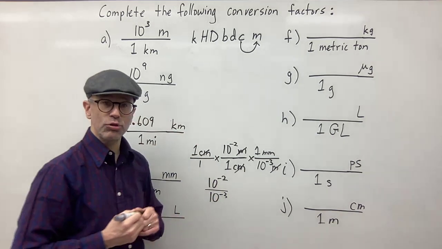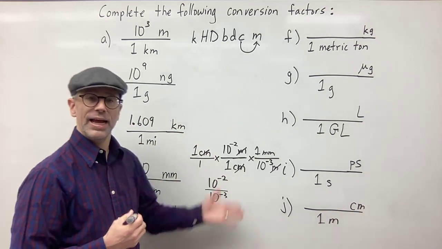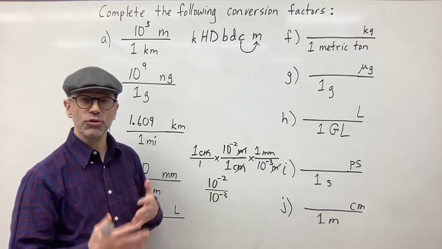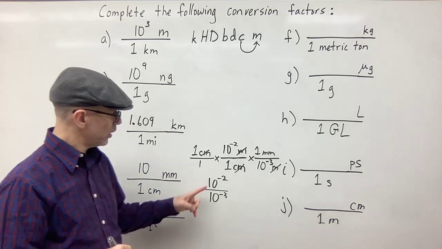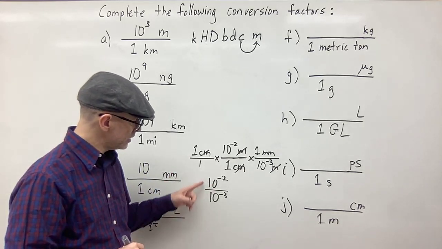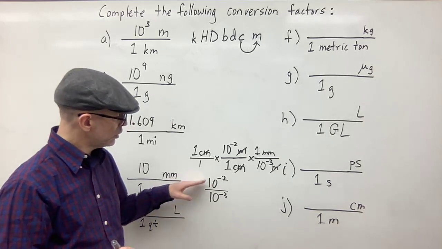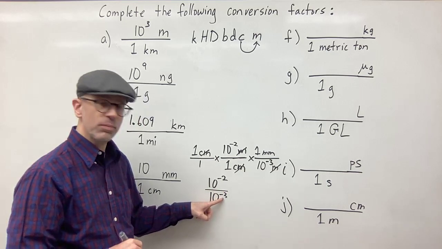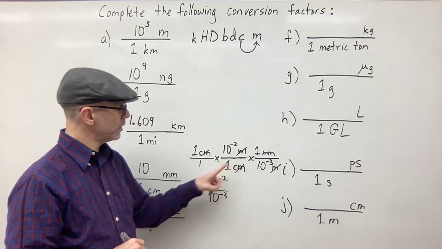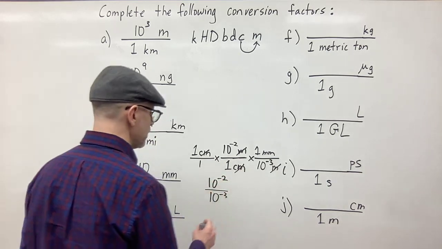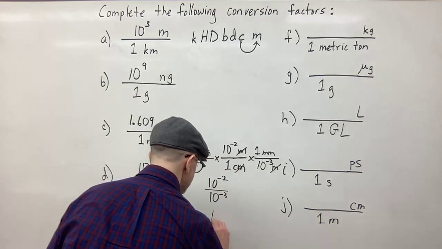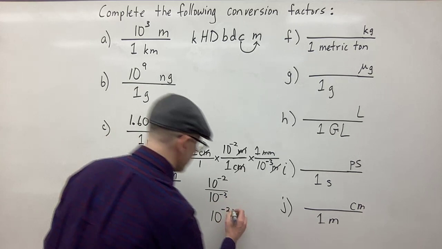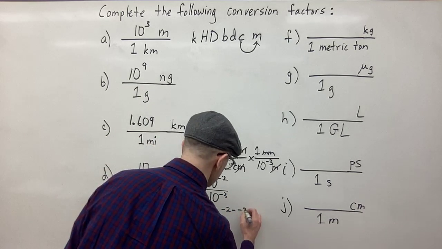So for those of you who don't have a calculator and need to do this, remember your rules for powers. If you have the same base 10, and you're dividing, then you're going to subtract the bottom exponent from the top exponent. So then it becomes 10 to the negative 2, minus negative 3.